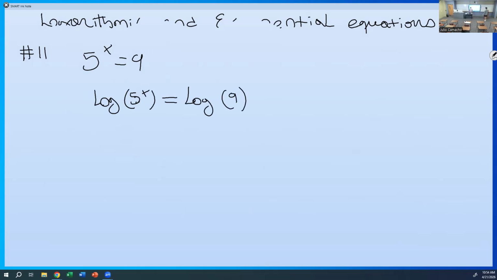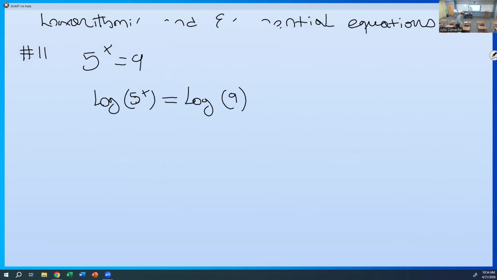And then my next step will be to use the power rule. I will move the x to the front. Are you recording? Yes. Okay.